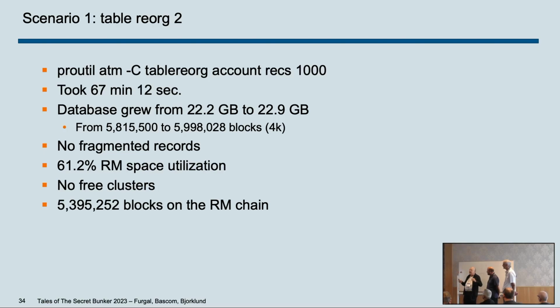And that's something I'm curious about because I don't know why that happens. Here we've expanded the database a little bit, but not enough to explain why there's twice as many blocks on the RM chain.